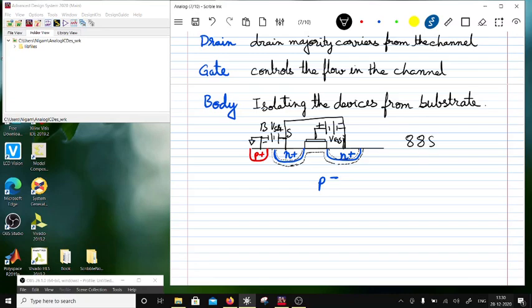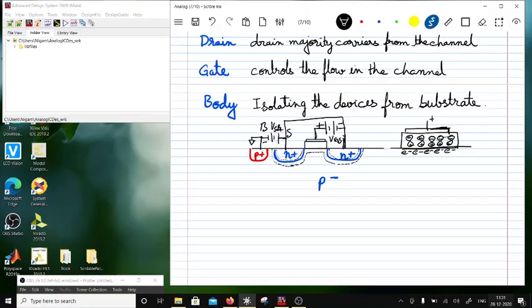Let's say these are dipoles, and I am drawing the blown up picture of the gate. This is the conductive portion of the poly. If I apply a positive voltage here, then the dipoles are going to align this way, plus plus plus, and this causes the electrons to escape from source and the drain and form a small layer underneath.